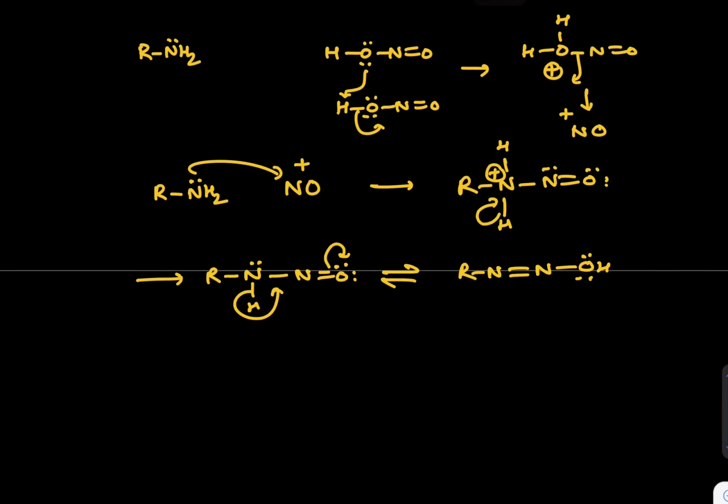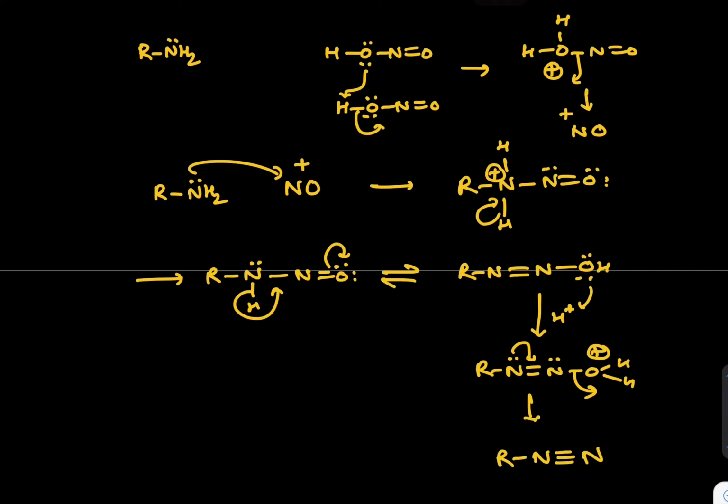The same compound will again react with H plus, and can form R and double bond N OH2 plus, and at the end we have this particular leaving group which can leave, and we get R and triple bond N plus, which is also called a diazo compound.